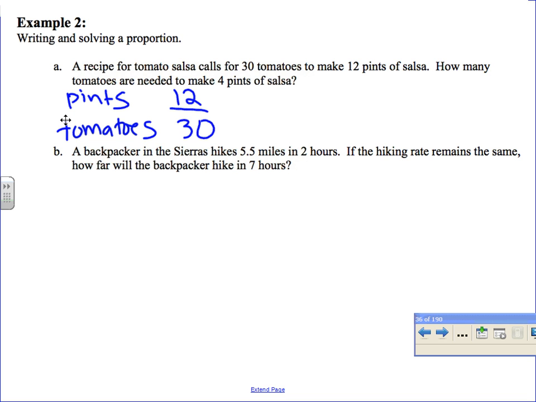So I want you guys to jot down: for 12 pints, there's 30 tomatoes. Equals, what else do we know? Mary. There are 4 pints of salsa and how many tomatoes? We don't know yet. Put an X.